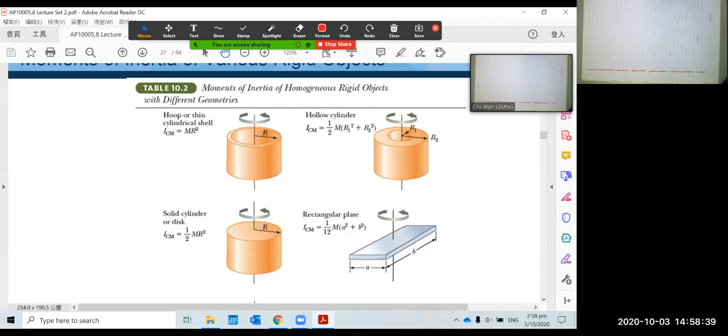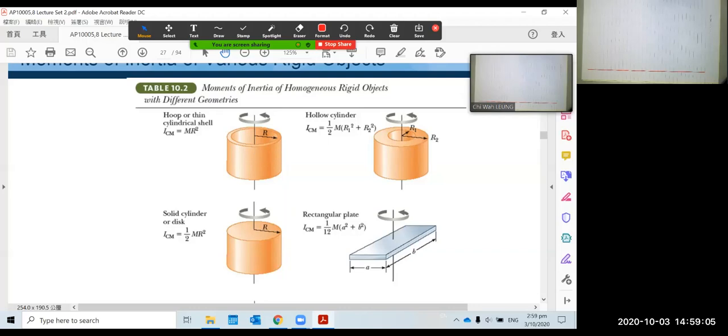It is 1/2 mr squared. If the cylinder is not a solid one, but actually a hollow tube, and the tube has a very small thickness, then you could consider that all the particles are at the same distance r from the axis of rotation.